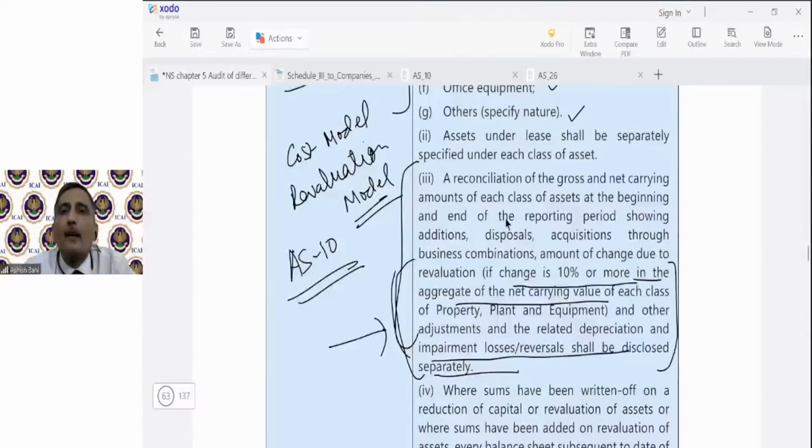There are professionals who perform this type of job for revaluation, and they are registered valuers, and a proper classification has been prescribed under the Companies Act 2013 for a person to act as a registered valuer.